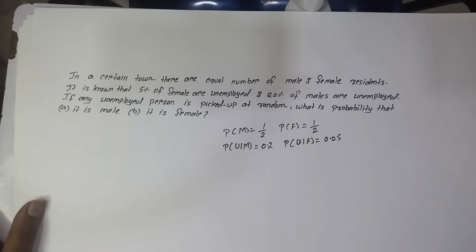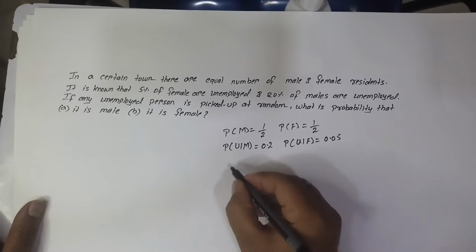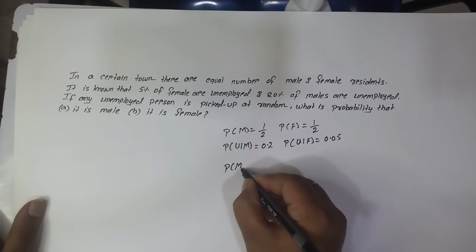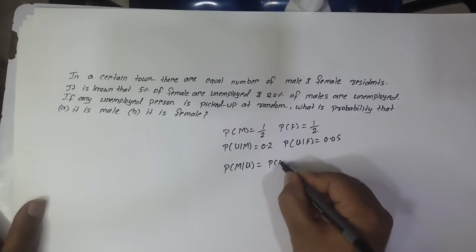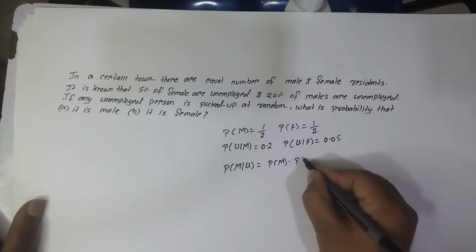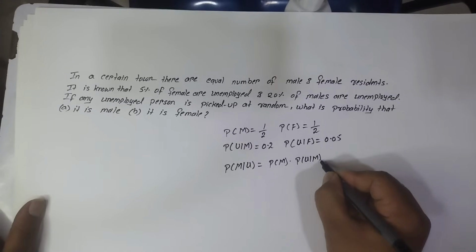Now, an unemployed person is picked at random and we have to find the probability that he is a male. So, probability of male given unemployed is probability of male times probability of unemployment given a male, divided by the total.